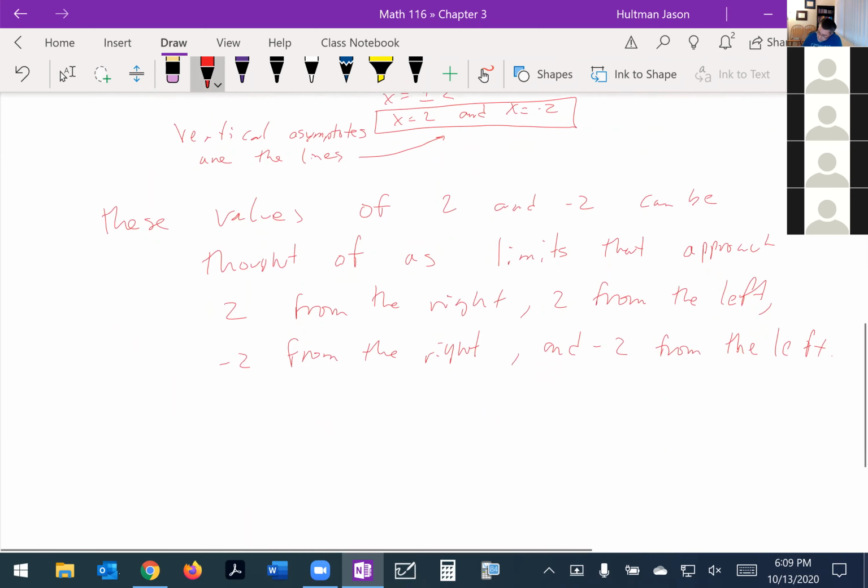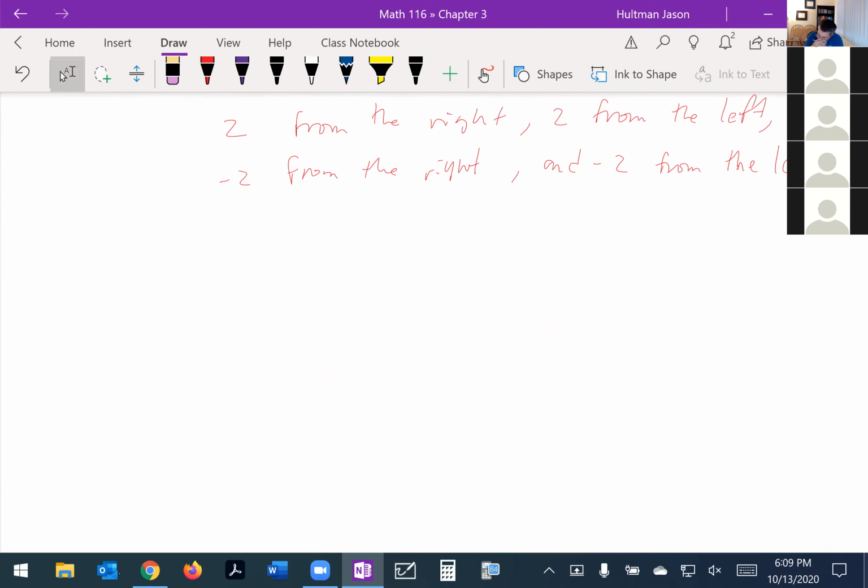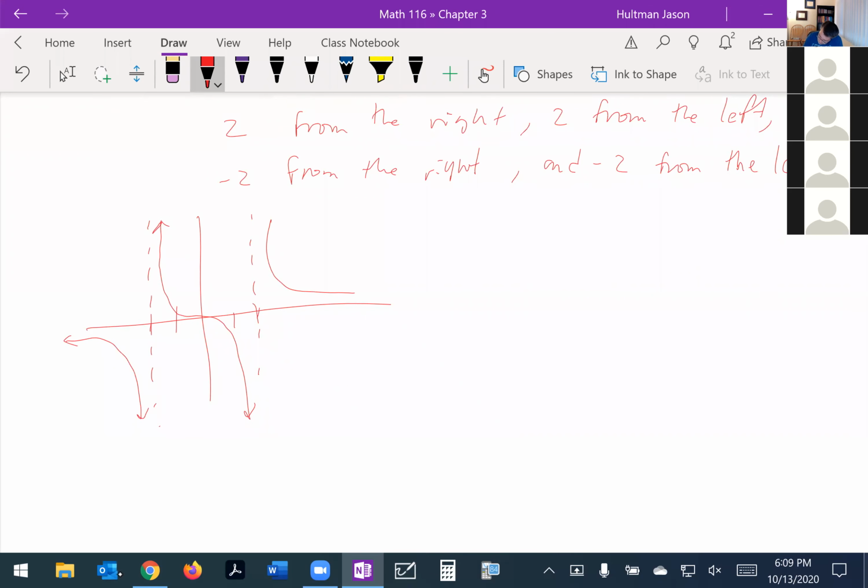Okay, so again, looking at the original function, we have this type of deal going on, and then we've got this, and then we've got this. And so what it's saying is that if we approach 2 here from the right, then where's the function going?